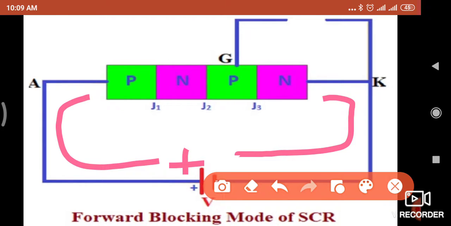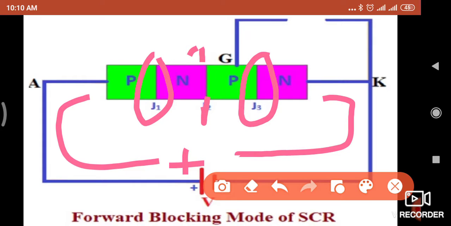Because of this connection, J1 is in forward conduction mode, J3 is also in forward conduction mode, but J2 does not conduct. It is in reverse bias mode or blocking mode.